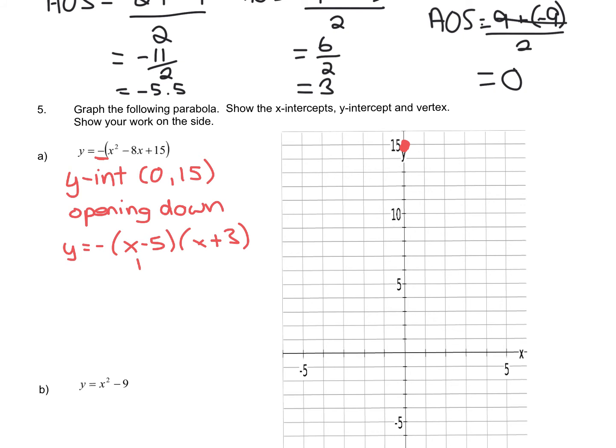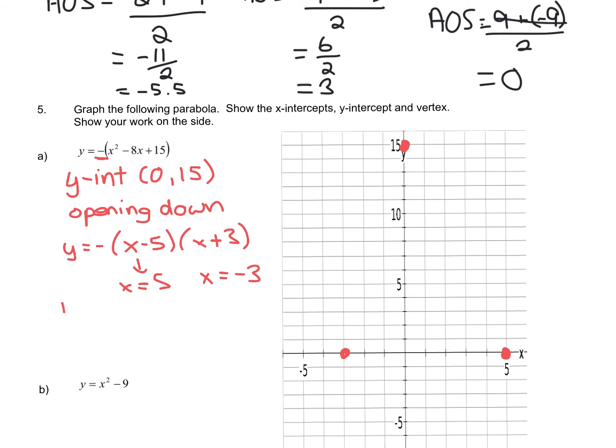The next thing here is to look at x equals 5, x equals -3. So I can graph those points because that's where it crosses the x-axis.